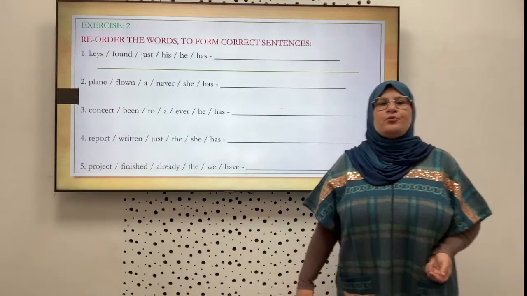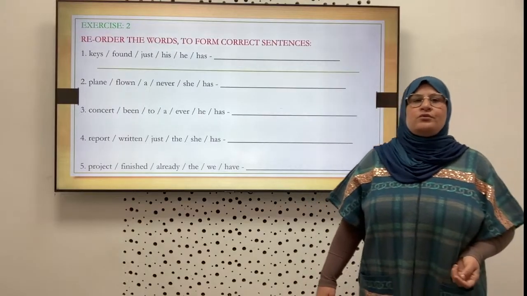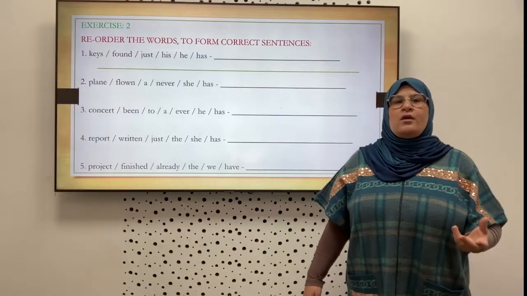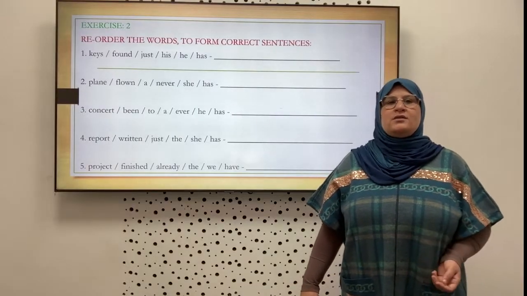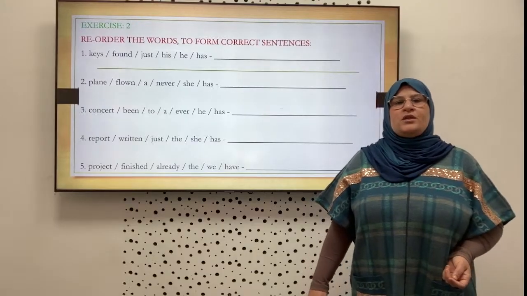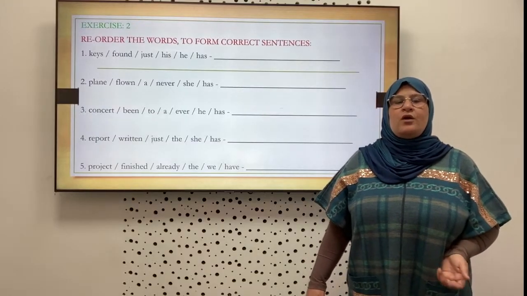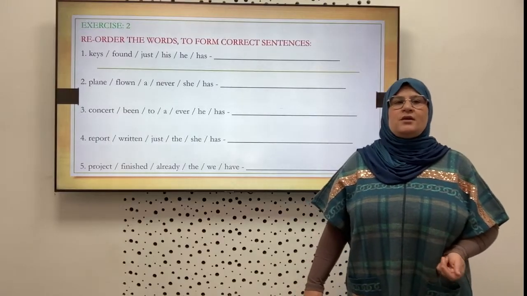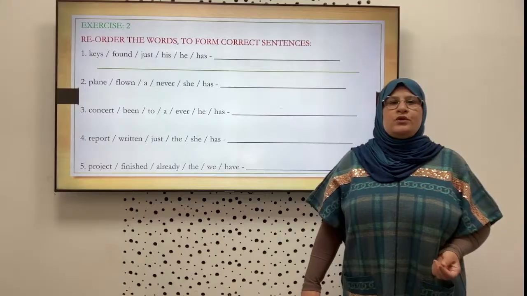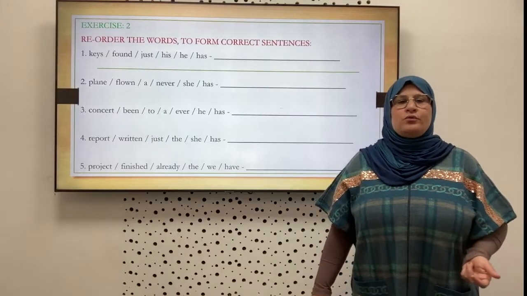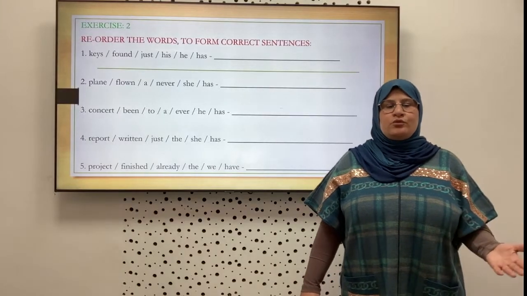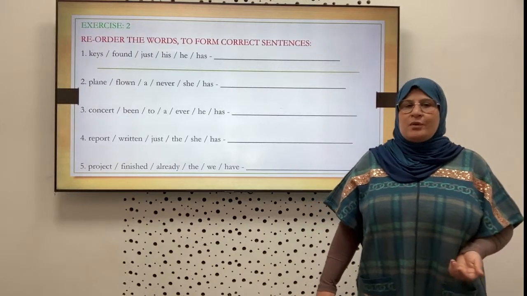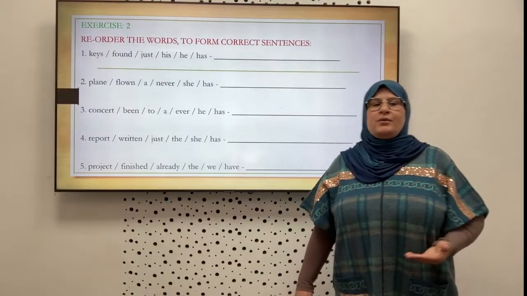Exercise number 2. In exercise number 2, you are requested to reorder the words to form correct sentences. Example number 1: keys, found, just, his, he, and has. As I told you before, we form the affirmative form of the present perfect with the subject pronoun, plus the auxiliary have or has, plus the past participle of the verb, plus the complements.